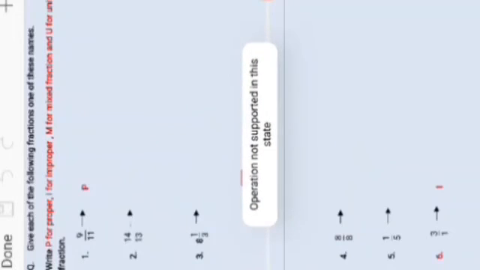Come to the next number. Question number 4. 8 by 8. The numerator and denominator are both the same. If the numerator is equal to the denominator, then what kind of fraction is it? Yes, if the numerator is more than or equal to the denominator, then it is called an improper fraction. Next, number 5. 1 by 5.